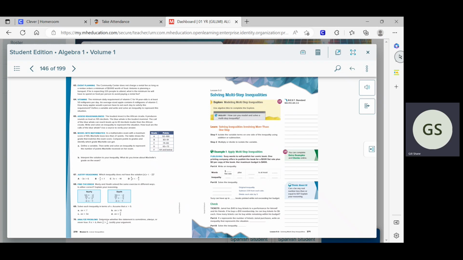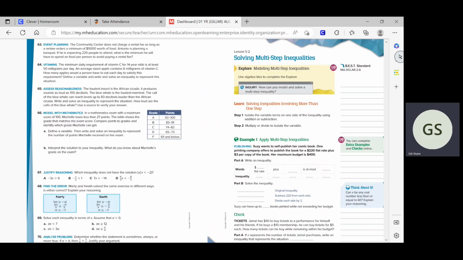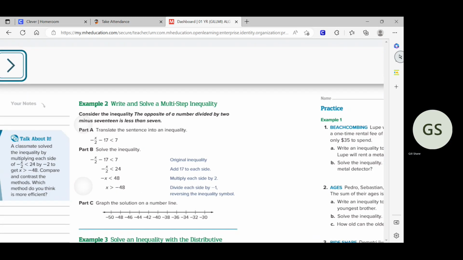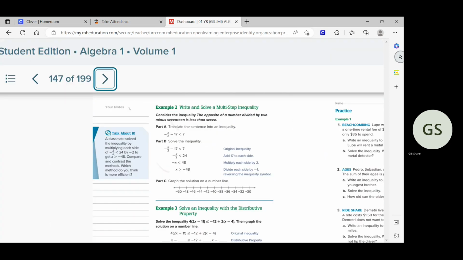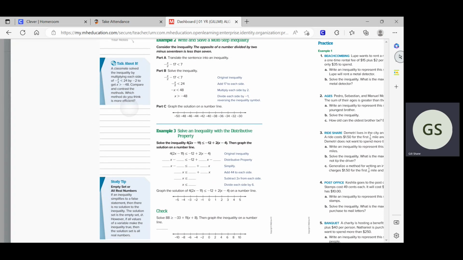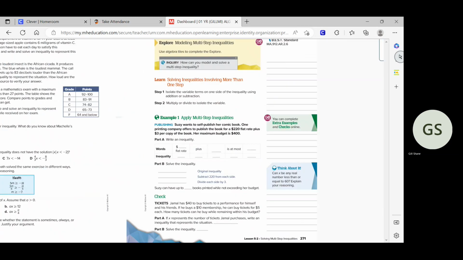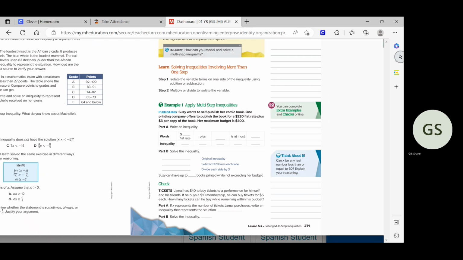Oh, we didn't even do the book problem. So we might do some stuff with word problems on this. I don't know. We'll see.